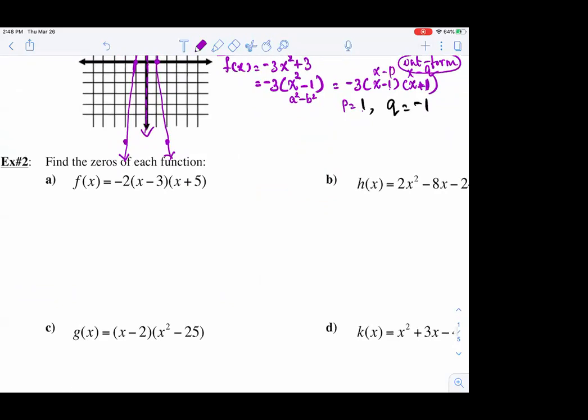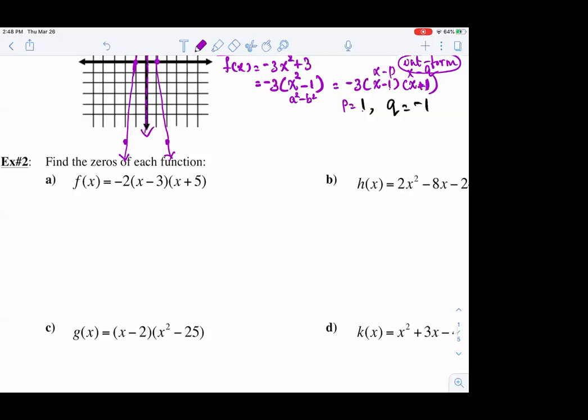The direction is find the zeros. What do you think they're asking for? The value of x when f of x equals 0. So X and Y intercept?